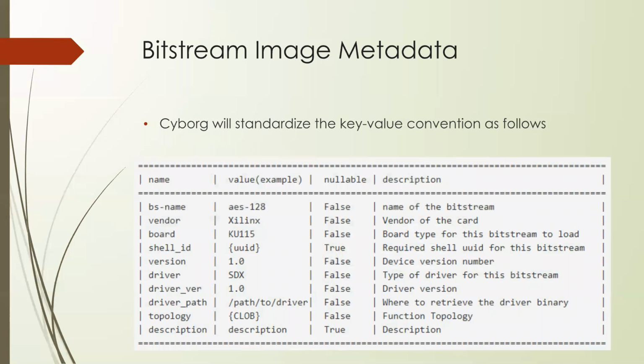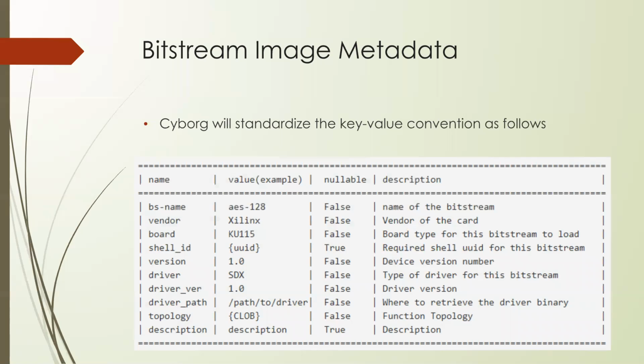So these are the key value pairs I came up with, right? Currently we need this information in the metadata, so that during the provision time or during the reprogramming phase, we can find out which bit stream we need to retrieve from Glance. What is the bit stream name, the vendor, the board, the shell ID?